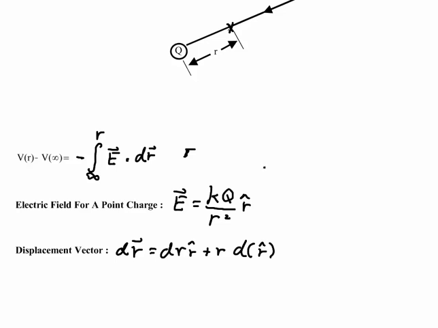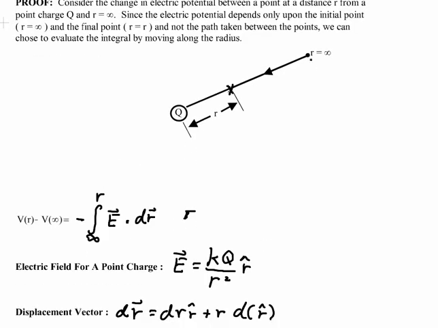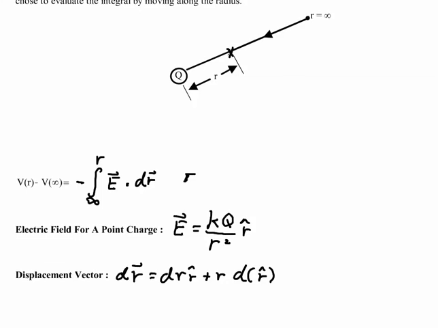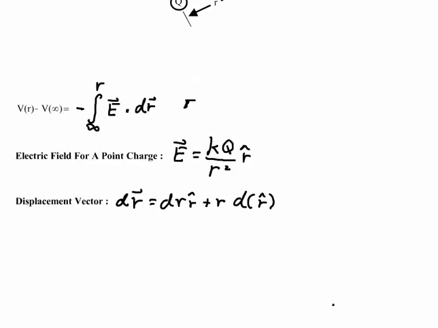But since this is in fact a case of a conservative force, I could choose any path, and I chose to move the path right along the radial vector, where r starts at the q and goes outward. So that means that there is no dr hat in my problem because of my choice of path. So my differential is just dr r hat. But even if there was, the dot product with this r hat would still create no contribution to the problem.